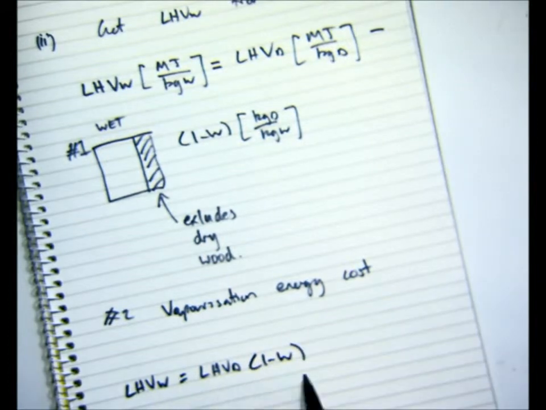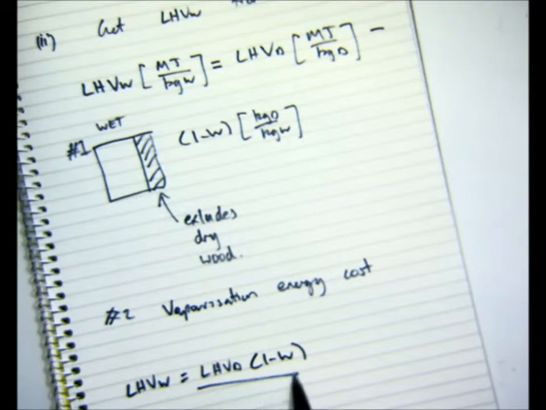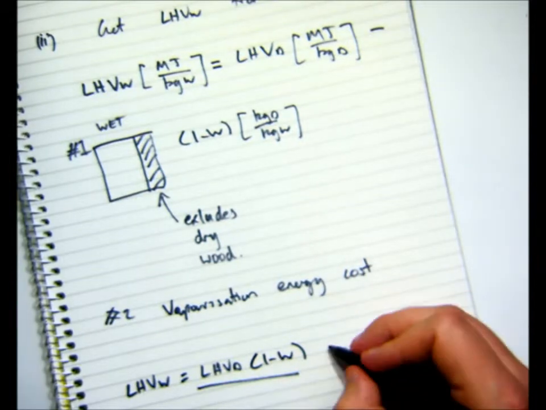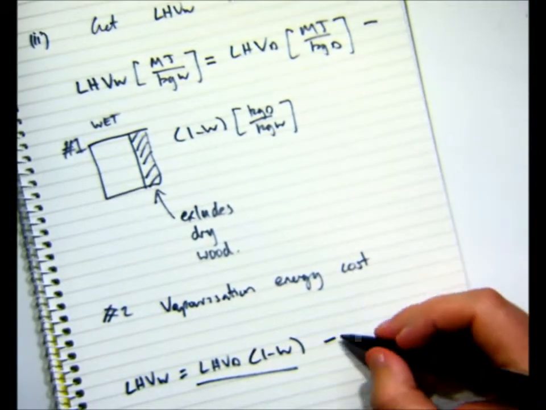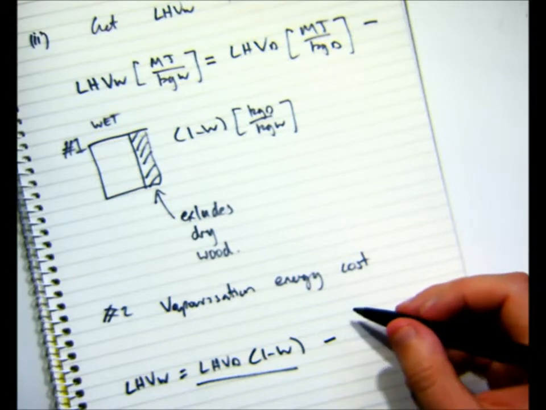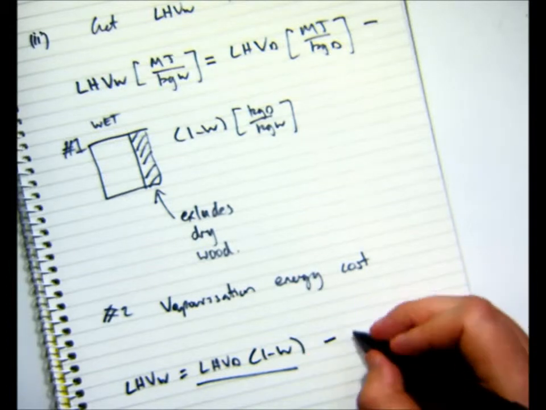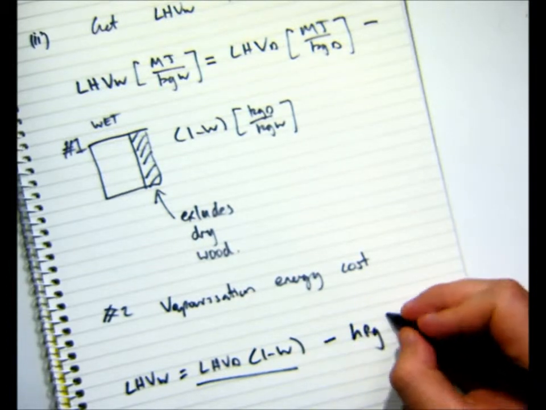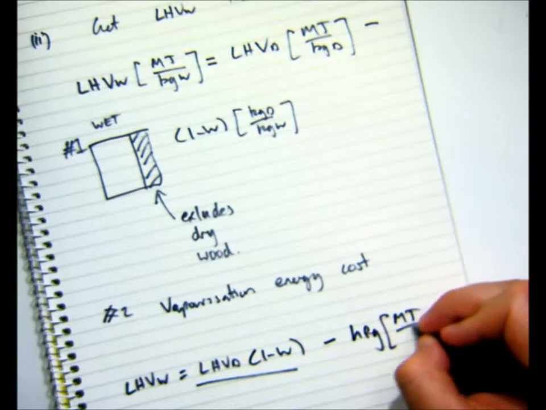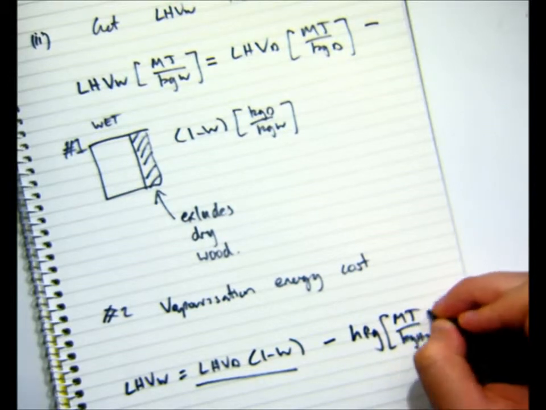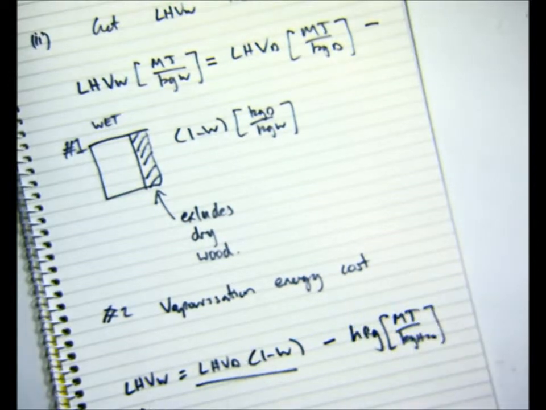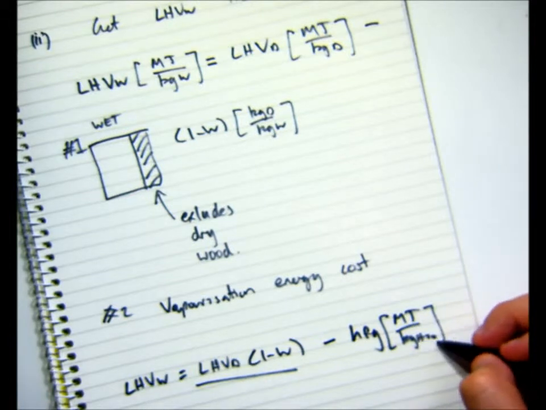Right. So this first term here, this is saying the heating value of the wet wood is the heating value of the dry wood component of the wet wood, that's this term, minus the cost of vaporizing the water. So the cost of vaporization, HFG, remember this has units megajoules per kilogram water, but we need this on a wet wood basis, not on the basis of water.